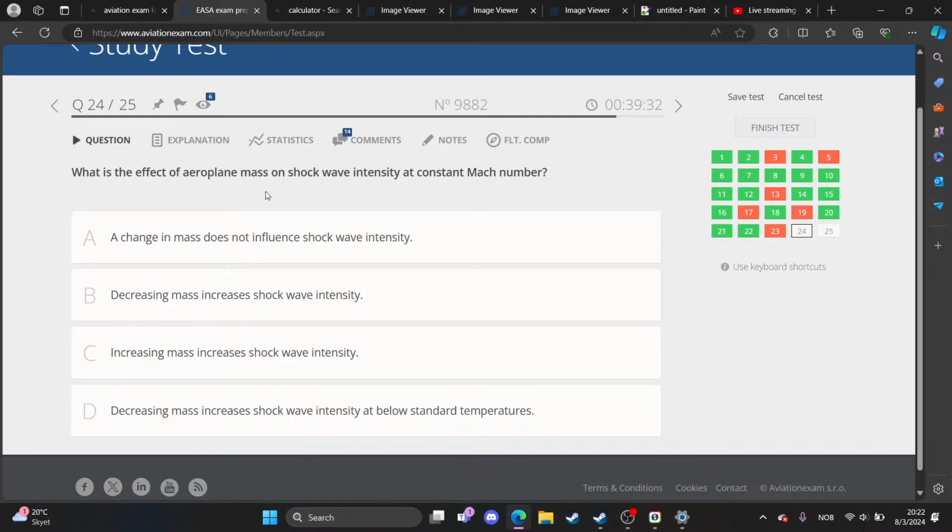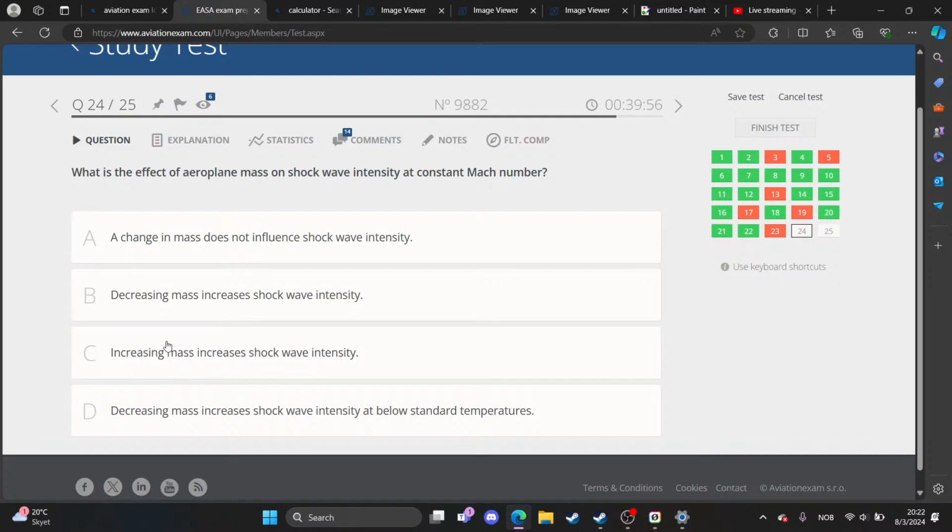What is the effect of airplane mass on shockwave intensity at a constant Mach number? Well, if you increase mass, you need more angle of attack, which means lower critical Mach. So increasing mass increases shockwave.